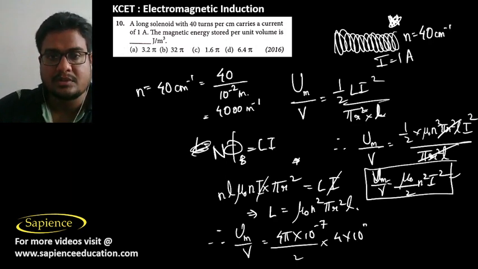4 into 10 power 3, whole power 2. I is 1 ampere.